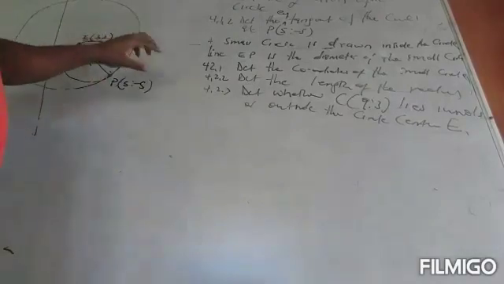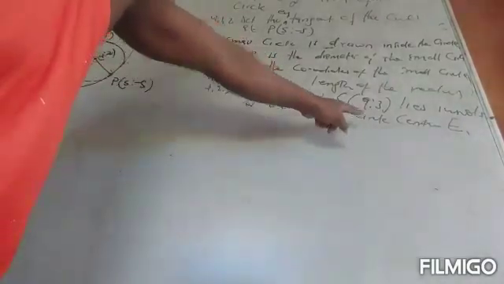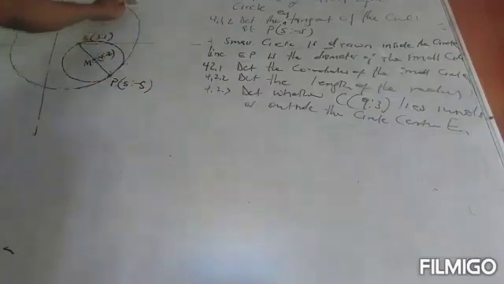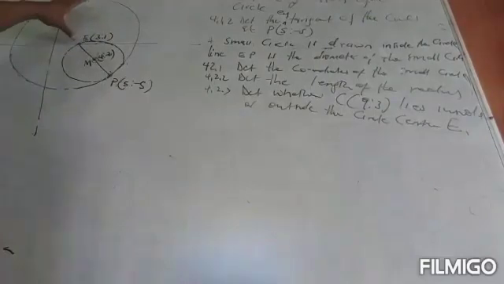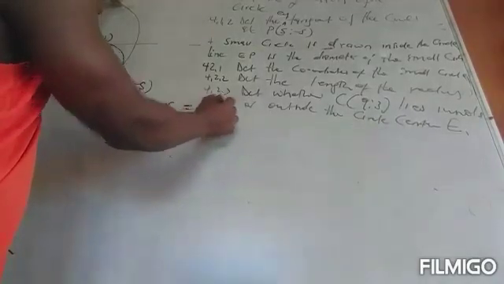For the circle, we want to see whether it is outside or inside. We said the radius of this circle, we know, r is equal to the square root of 40.